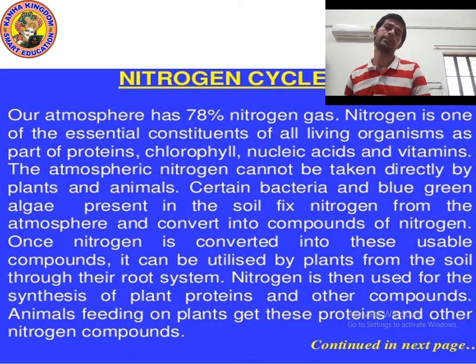Point number 4: plants use the nitrogen compounds for the synthesis of plant protein and other compounds. Point number 5: animals feeding on plants get these proteins and other nitrogen compounds. Please write down. I am giving you 10 seconds.